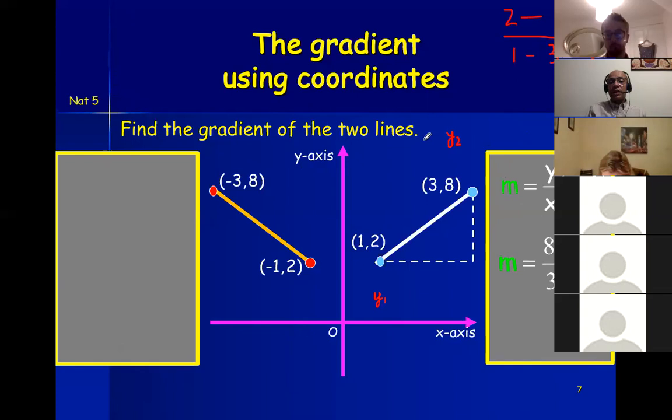We pick the numbers that we think are going to be easier to manipulate. So x2, y2 are going to be these two numbers. x1, y1 are going to be my two numbers here.